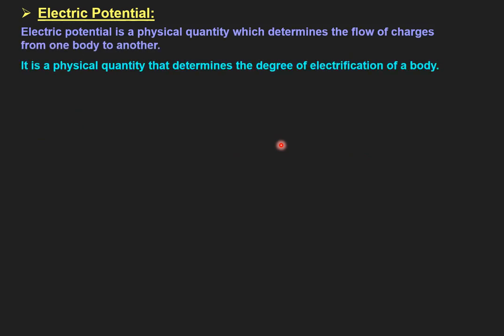Now, next we have the concept of electric potential. Physically speaking, what is electric potential? Electric potential is a physical quantity which determines the flow of charges from one body to another body. That is, if I place a particular point charge in a particular field, along which direction will it flow, from which point to which point?